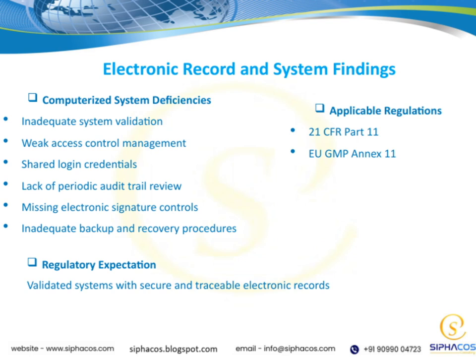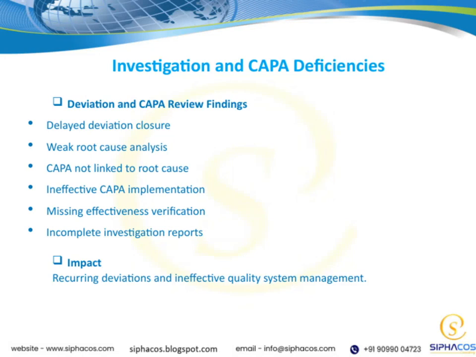Lastly, inadequate backup and recovery procedures can jeopardize data availability and integrity in case of system failures or disasters. Overall, these findings highlight the importance of robust validation, access controls, and audit processes to meet regulatory expectations and ensure system integrity.